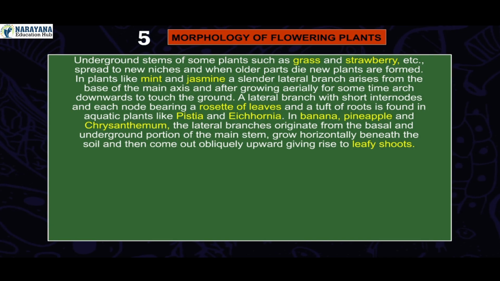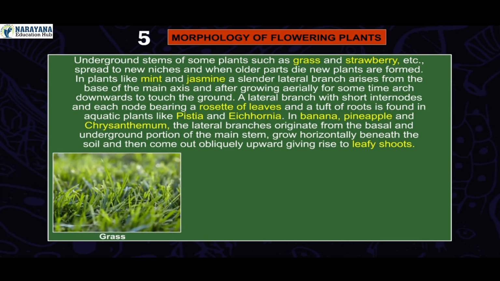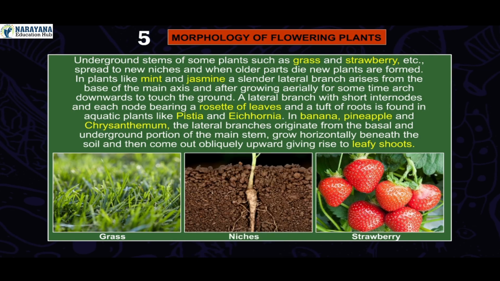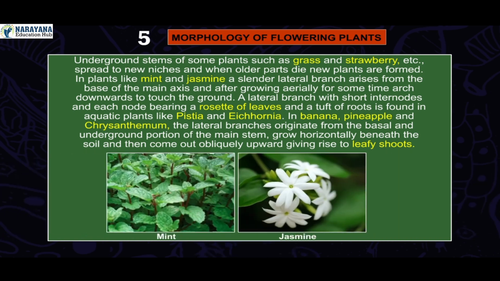Underground stems of some plants, such as grass and strawberry, spread to new niches, and when older parts die, new plants are formed. In plants like mint and jasmine, a slender lateral branch arises from the base of the main axis and after growing aerially for some time, arches downwards to touch the ground.